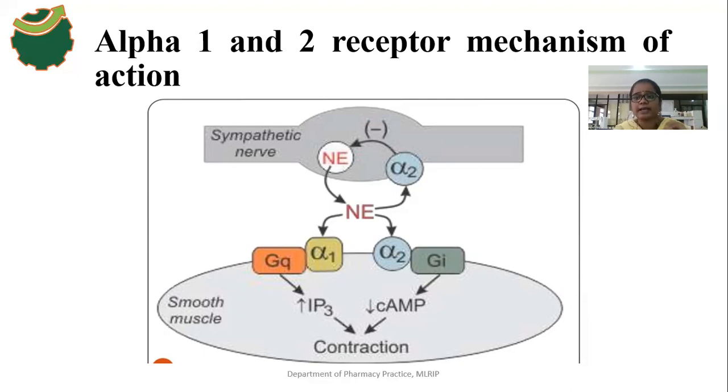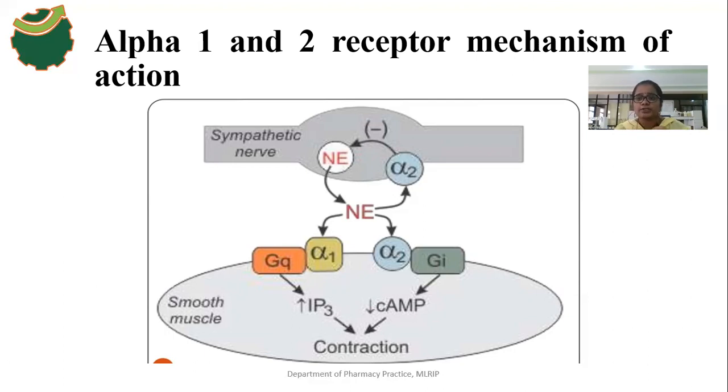That calcium binds with calmodulin, and the calcium and calmodulin complex activates MLCK, myosin light chain kinase. That MLCK phosphorylates the muscle protein myosin.